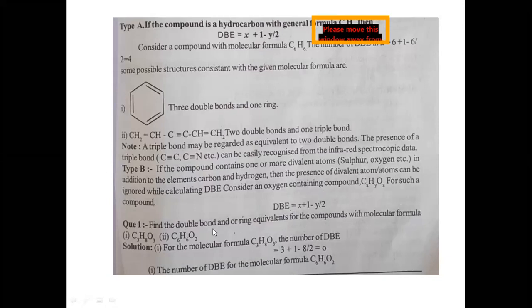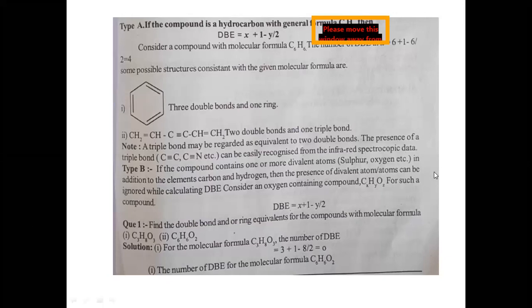Okay. Now find the double bond or ring equivalents for the compound with molecular formula C3H8O3. Now 3 plus 1, 4 minus 8 upon 2, 4.